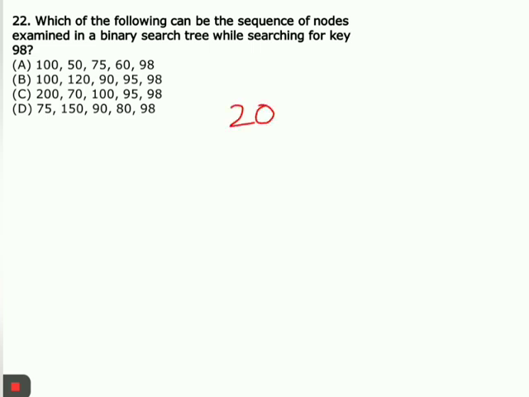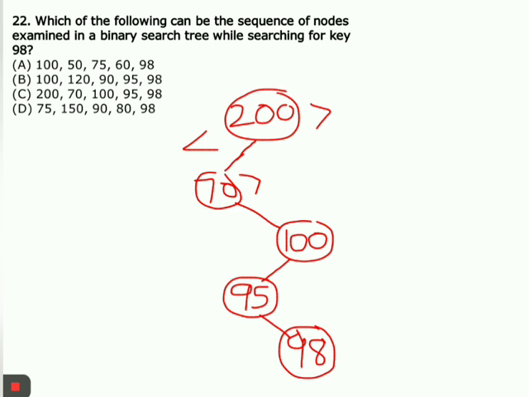So 200. Based on option C, we have made the binary search tree here. Now let us check the key 98. 98 is less than 200, so we'll go to the left-hand side. And 98 is greater than 70, so we'll go to the right-hand side.